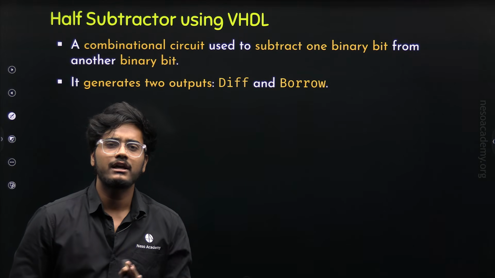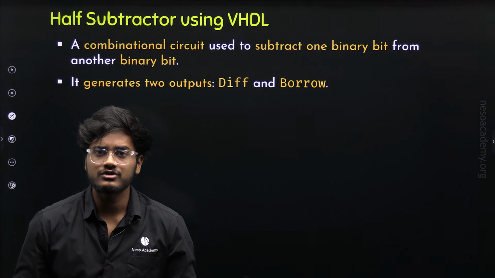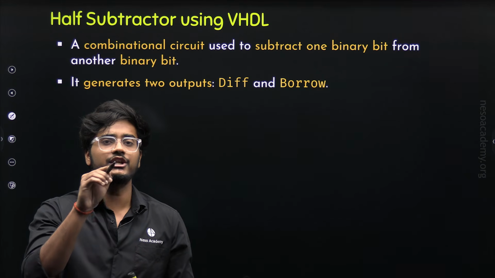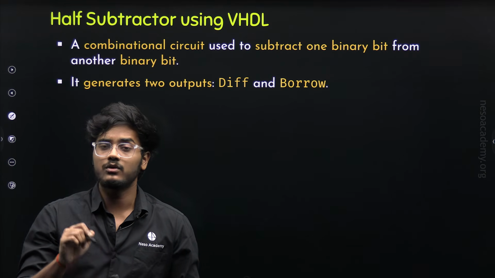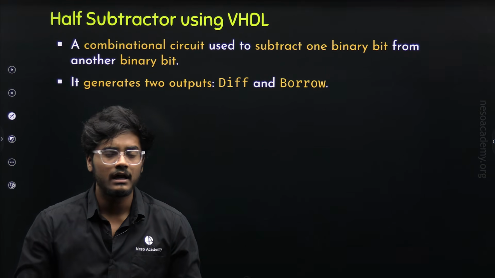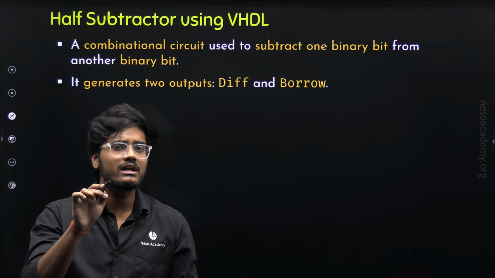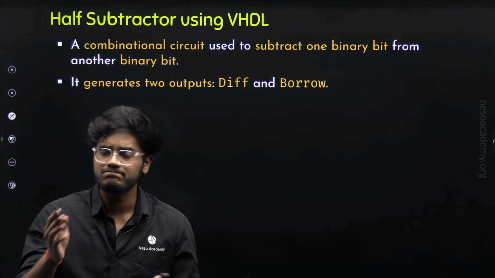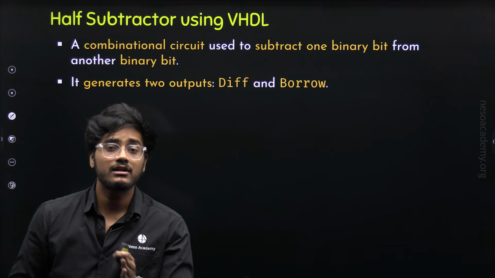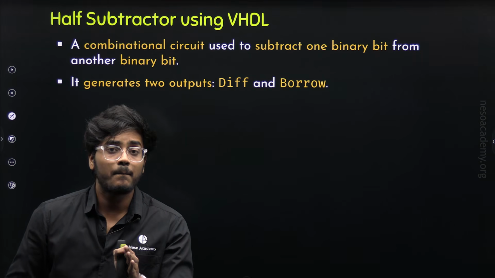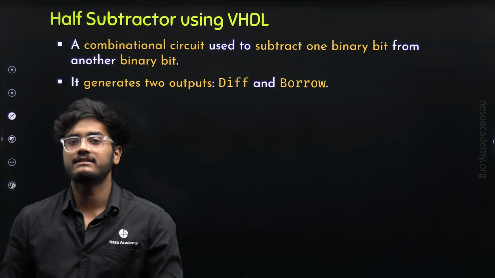Let's understand this using one simple example. Suppose I want to subtract 1 from 0, which means 0 minus 1. Here 1 is a larger number. Now, can we subtract a larger number from a smaller number directly? No. Just like in decimal subtraction, we need to take borrow. In binary subtraction also, we need to take borrow from the next stage.